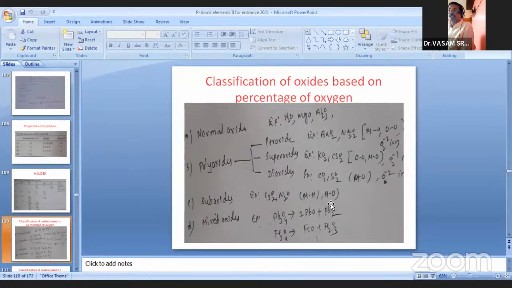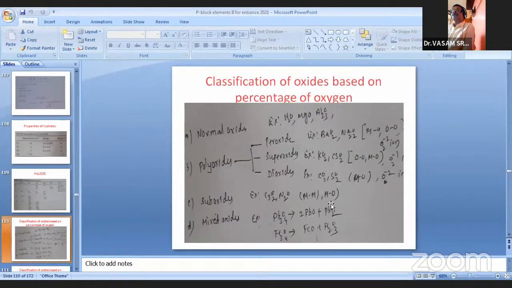So that's why Pb3O4 is the best example for mixed oxides. Another example is Fe3O4, which also contains two oxides: one is ferrous oxide and the second is ferric oxide. Ferrous plus ferric oxide gives Fe3O4, a mixed oxide of iron.